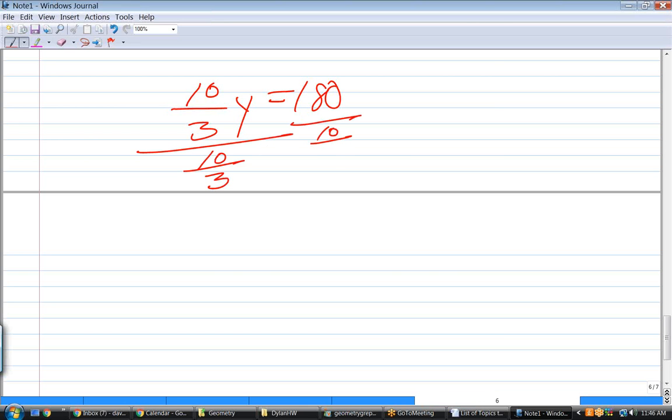That's going to get rid of the fraction over here, right? By definition, since we're doing the inverse, dividing by something that's multiplying, it assures us that we're going to have y. How do you do that? Well, you could do 180 times 10 divided by 3. When you're dividing by a fraction, what do you do?